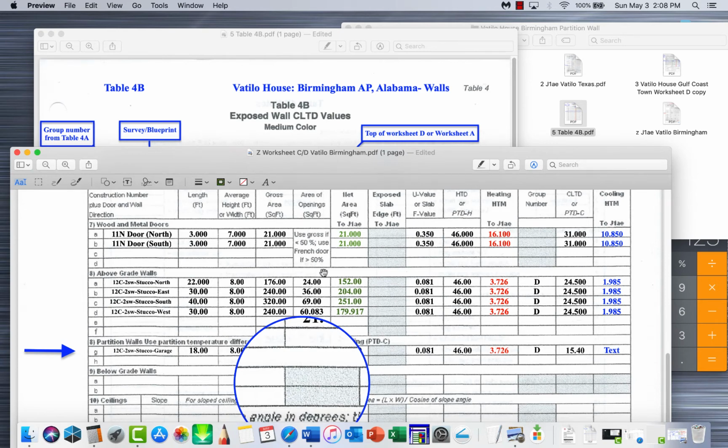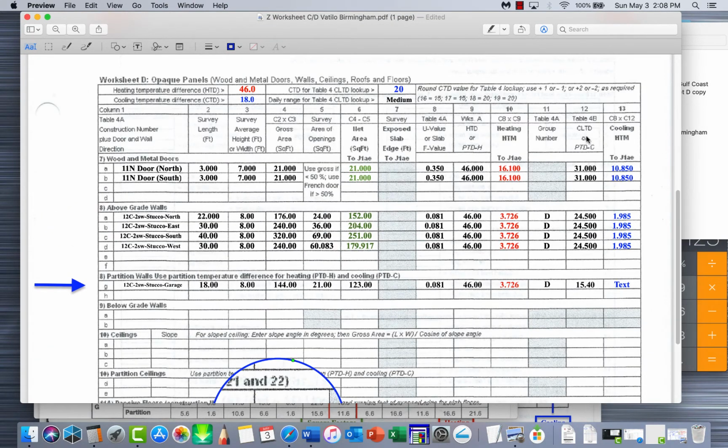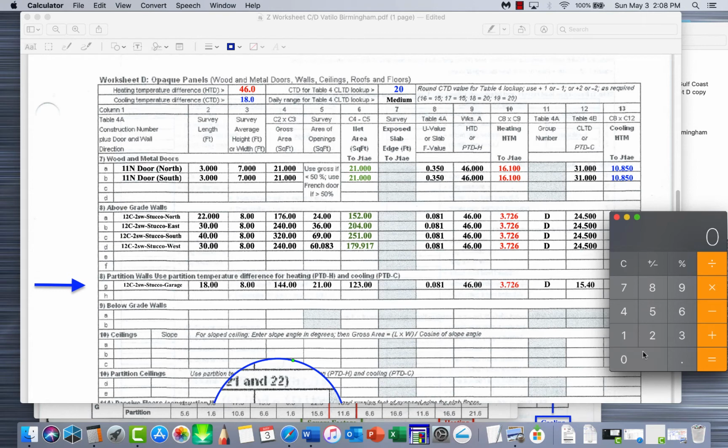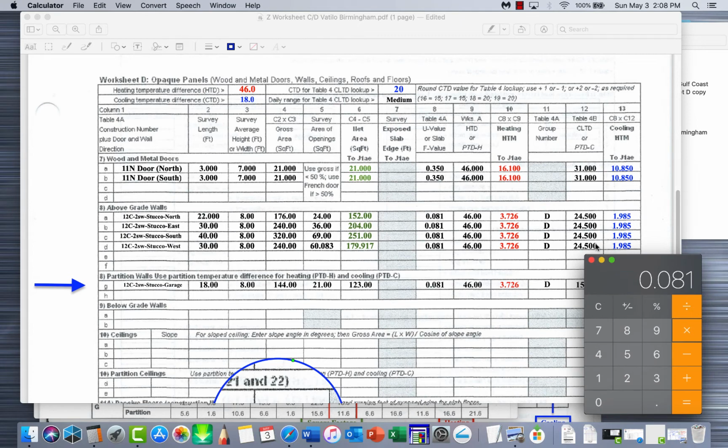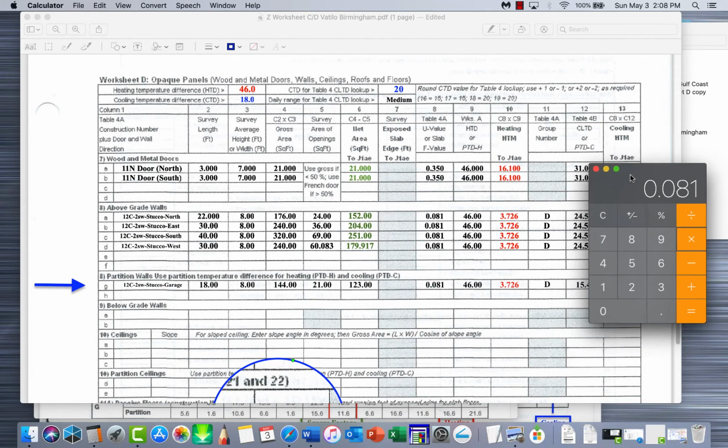And then it's simply, as we've done before many times, just follow what it says up here. It says column 8 times column 12, so this is column 8, 0.081 times column 12, so that's going to be our 15.40.